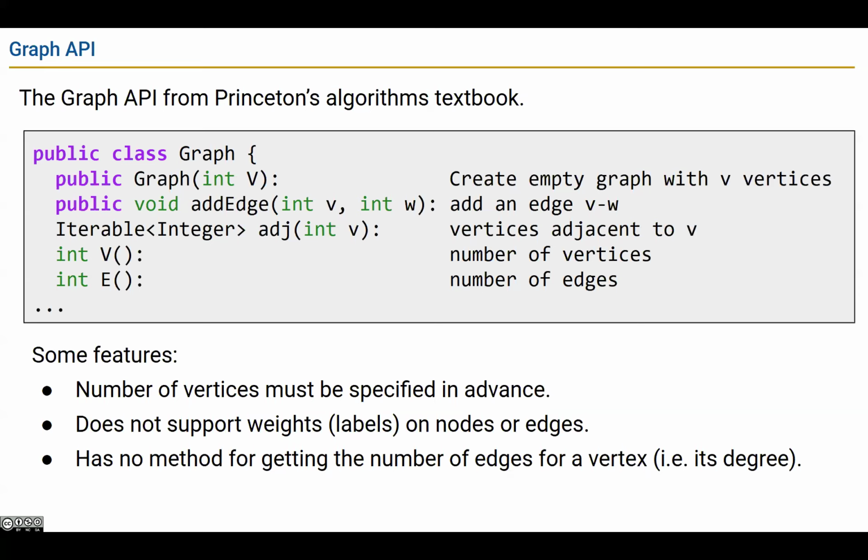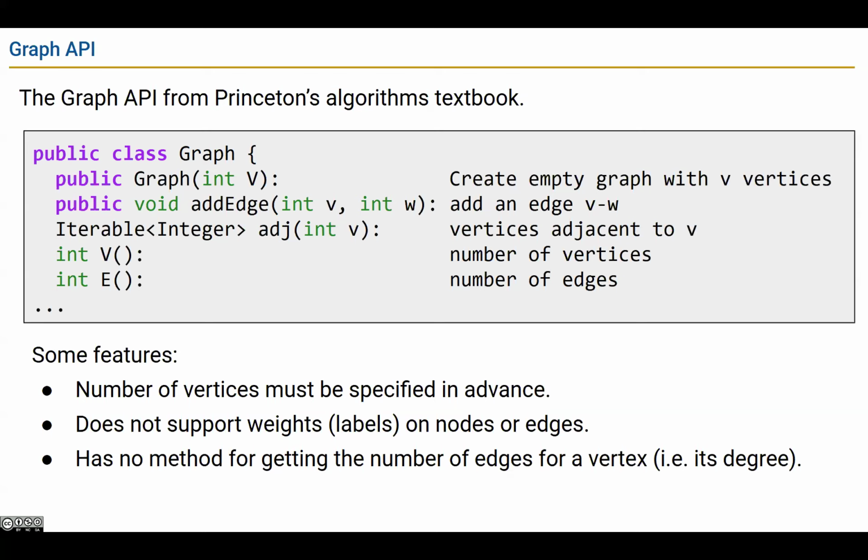It also doesn't support adding weights to edges. We will talk about graphs with weights on edges later. But for now, we can assume that these are just graphs with nodes that have numbers 0 through n, and which have edges between them that have no weights whatsoever. They're just connections between two nodes. They don't have any values associated with them.